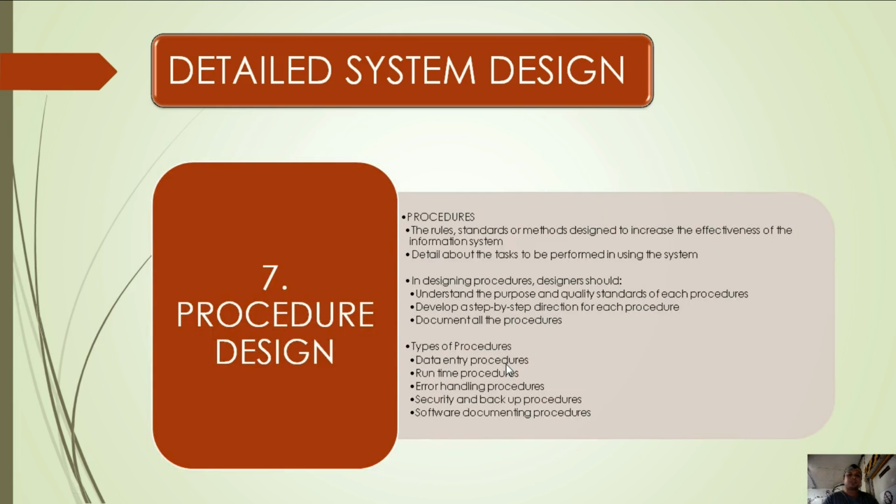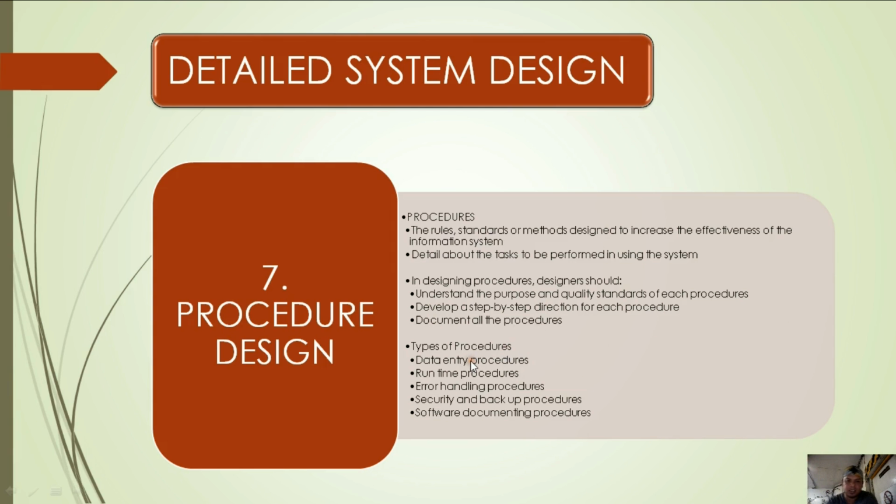Number 7 is the procedure design. These procedures are the rules, standards, or methods designed to increase the effectiveness of the information system, detailing the tasks to be performed in using the system. In designing procedures, designers should understand the purpose and quality standard of each procedure, develop step-by-step directions for each procedure, and document all the procedures.